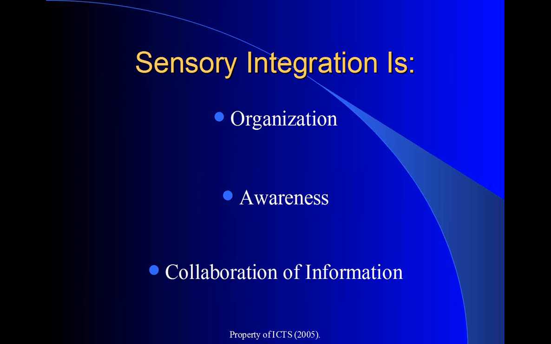automatic reactions to stimuli. And in order for your brain to organize yourself to respond to that information, you have to have a functioning sensory integrated system. So when the brainstem is integrating these senses, it's doing a number of things.